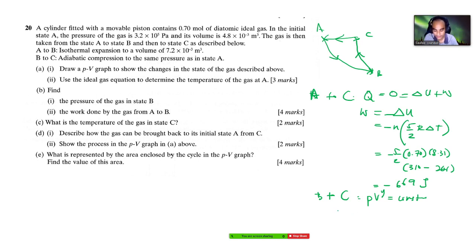So you have 3.2 times 10 power 5 times V C to the power 1.40 equals 2.1 times 10 power 5 times 7.2 times 10 power negative 3 to the power 1.40. Same gamma: it was 7 over 5, you divide 7 over 5, you get 1.40. So V C, the volume for C, is 5.3 times 10 power negative 3 meter cube.